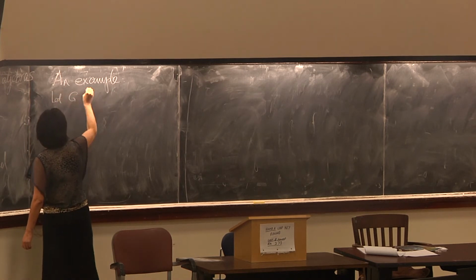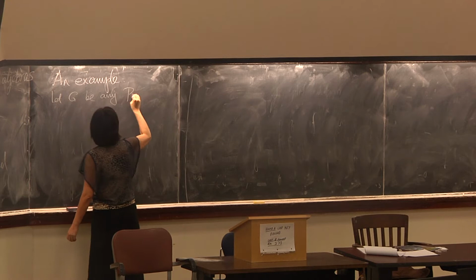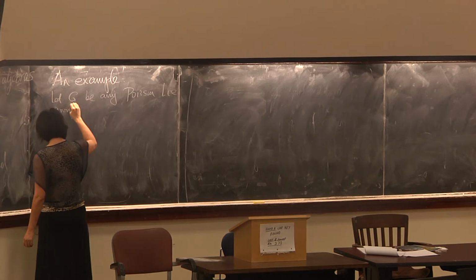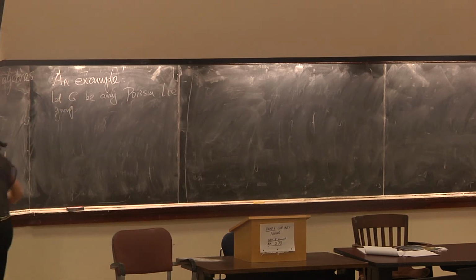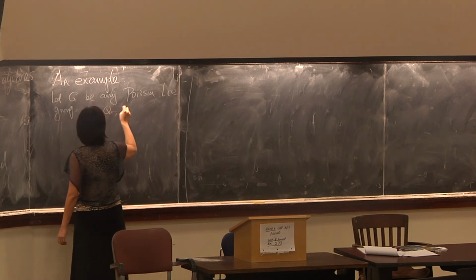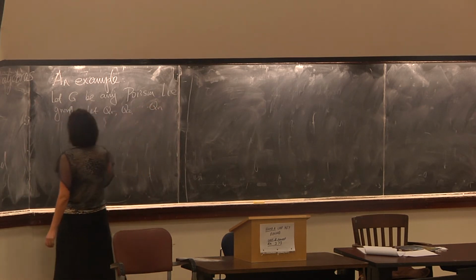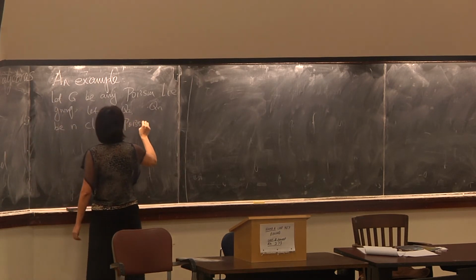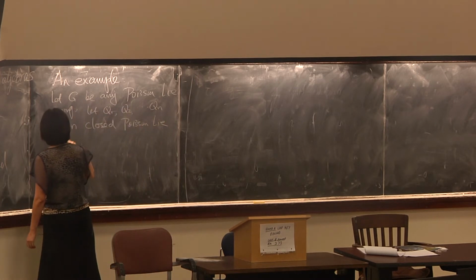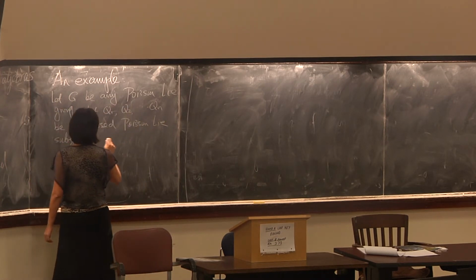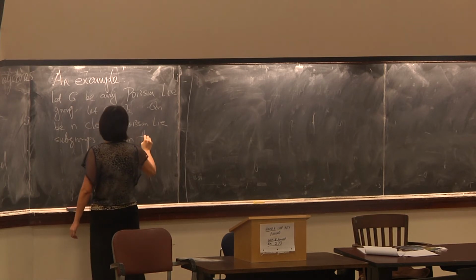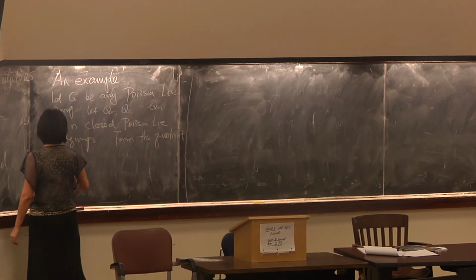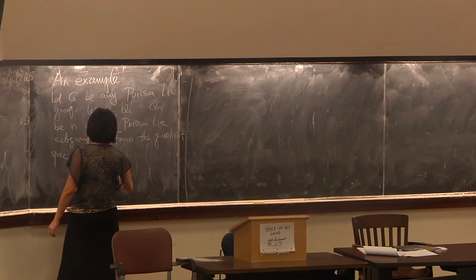So let G be any Poisson Lie group. And then let Q1, Q2, Qn be n closed Poisson Lie subgroups. And then form the quotient space. So the quotient space Y is this. I denote it in this way.